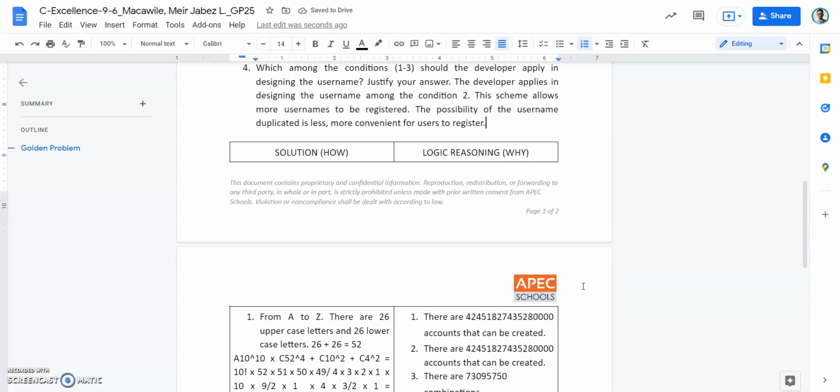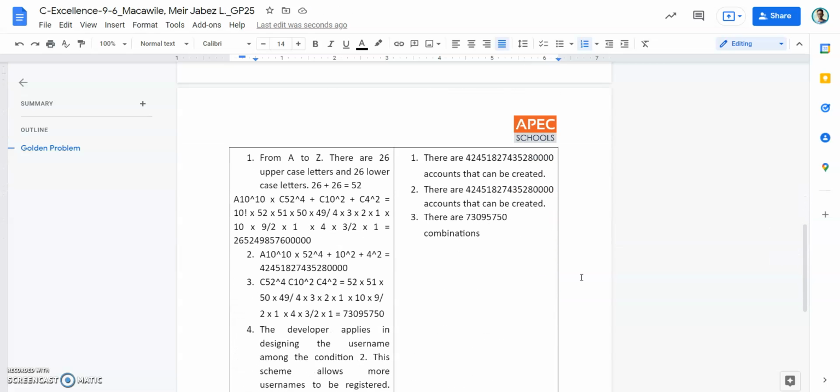Now, here are the solutions and logic reasoning why. Like what I said earlier, the solutions can be on the left side and the logic reasoning is on the right side. So number 1 is 42 trillion accounts that can be created.